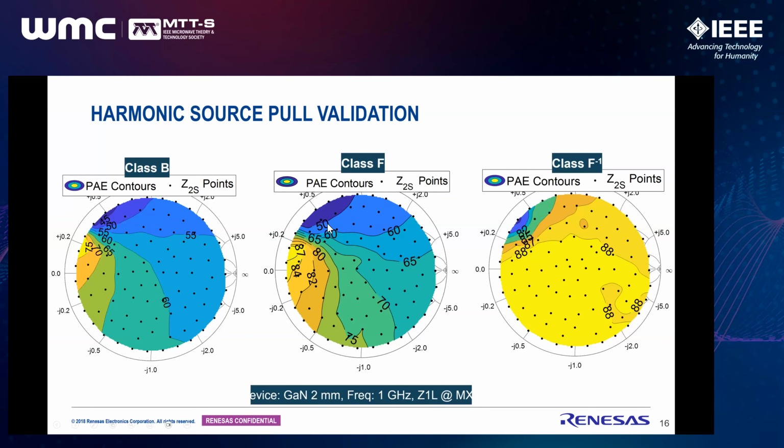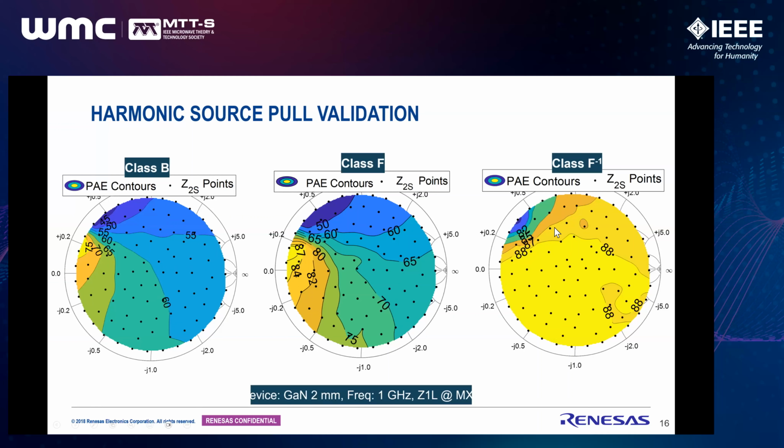And as a designer and application developer, you might get in huge trouble if you don't take care of the second harmonic source termination. On the other hand, if we check for inverse class F, you see it's a huge area on the Smith chart. It's a very constant efficiency.